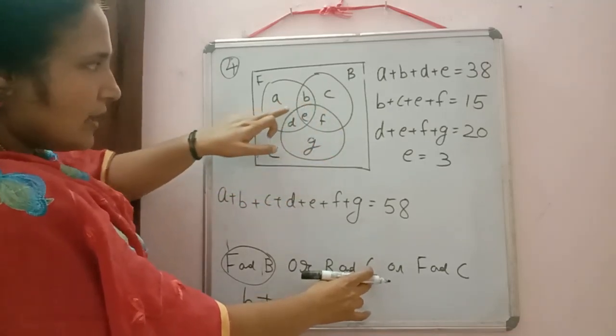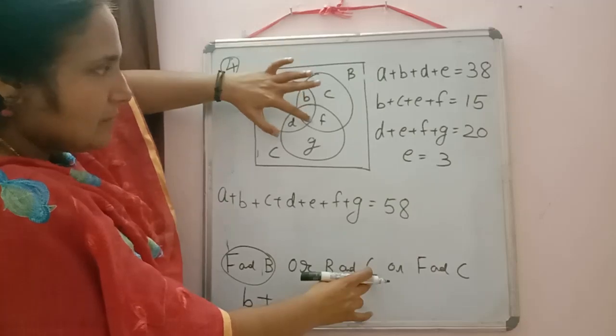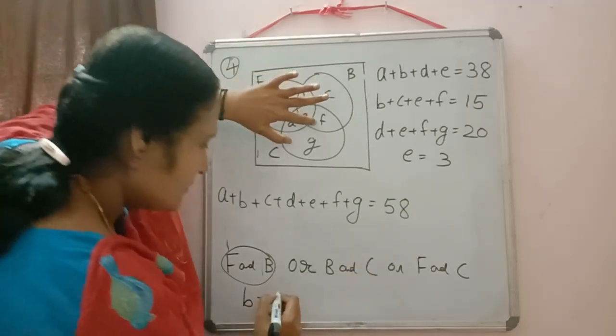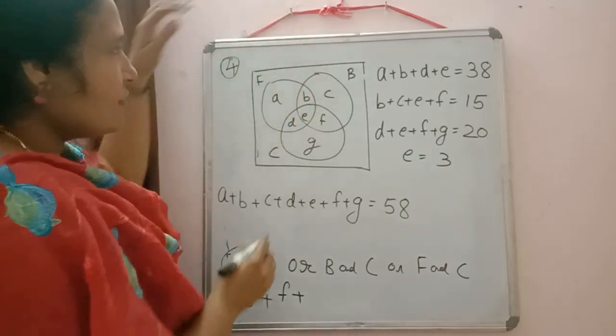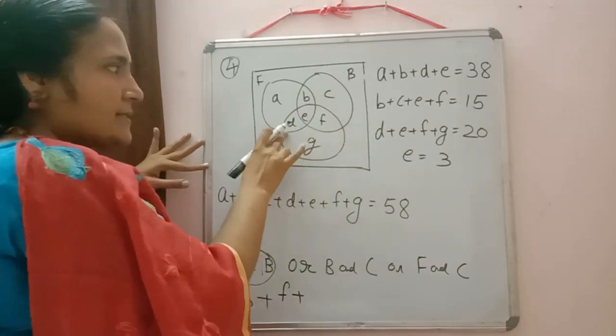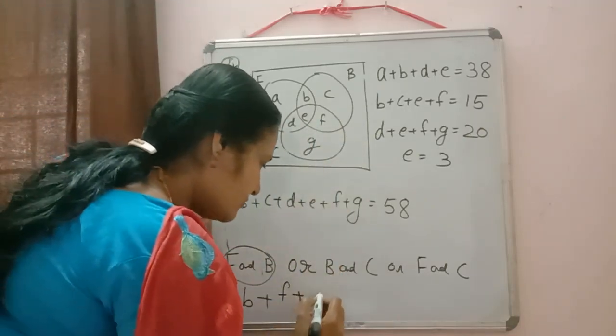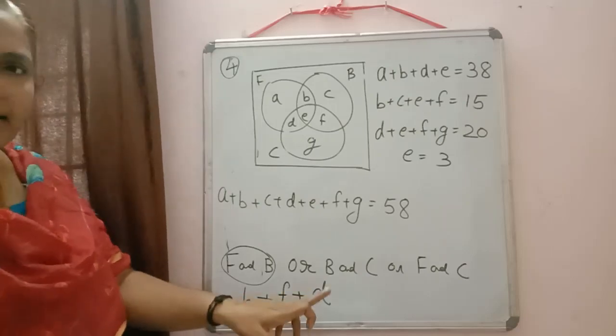The region common to only basketball and cricket is F. So we want the value of F. Then only football and cricket is represented by D. So we want the values of B plus F plus D.